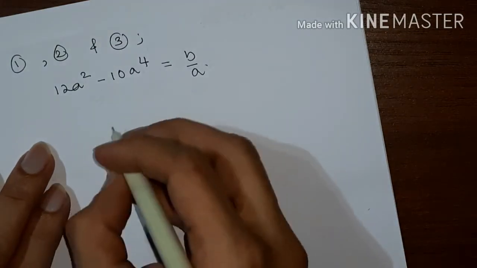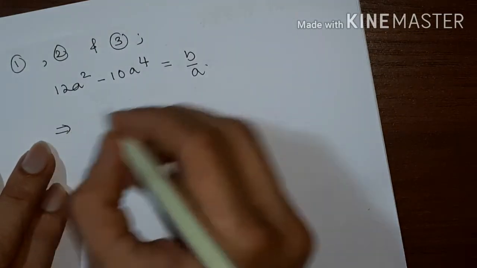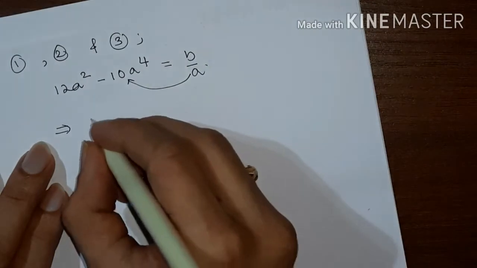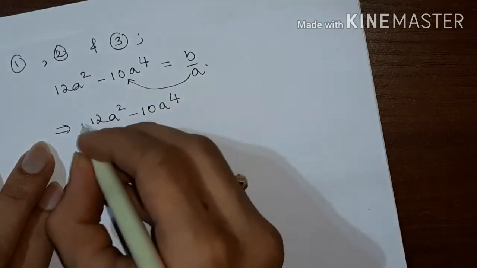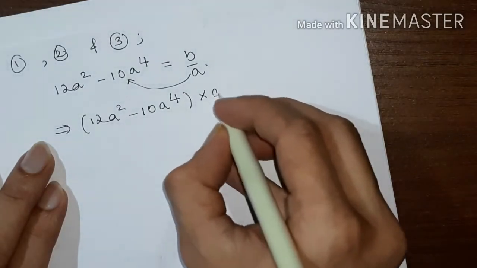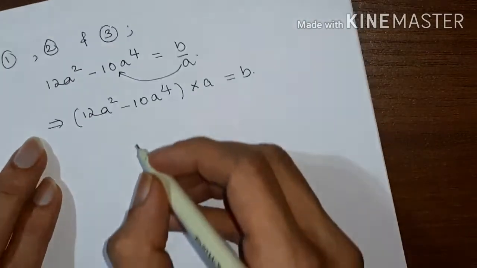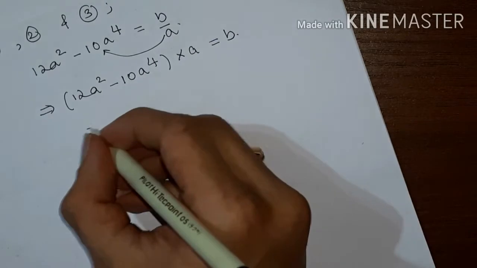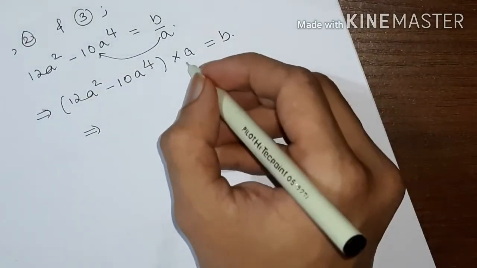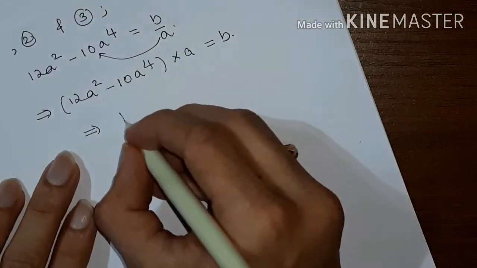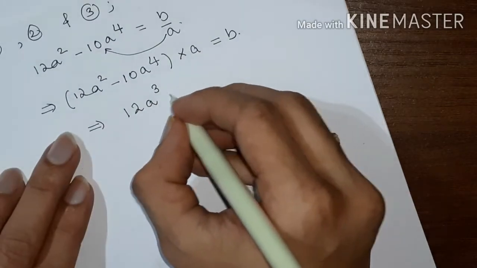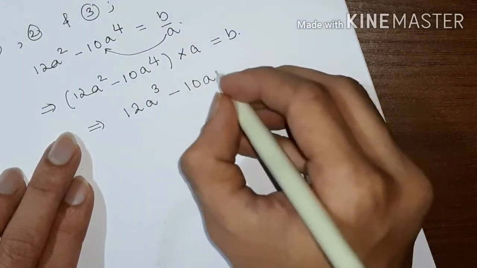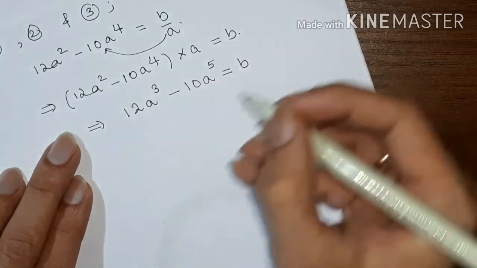Now if we take a on this side, we get 12a² minus 10a⁴, multiplied by a, equal to b. If we multiply this a inside, we get 12a³ minus 10a⁵ equal to b.